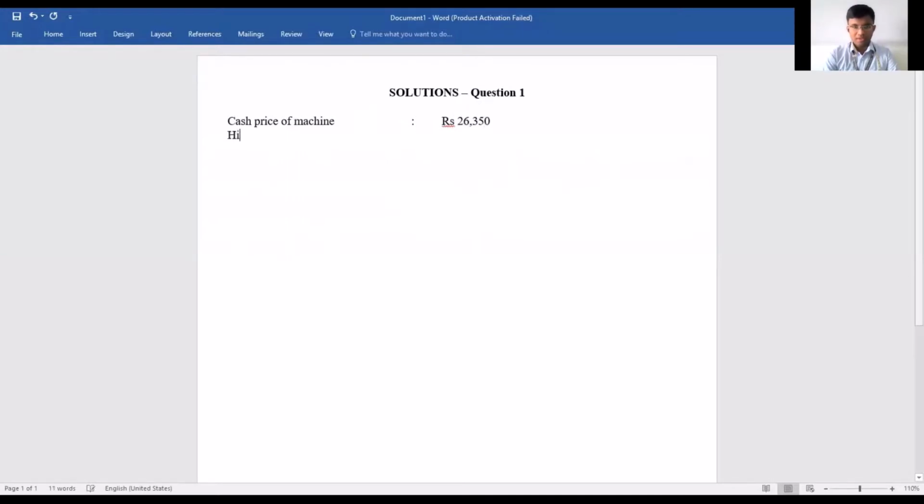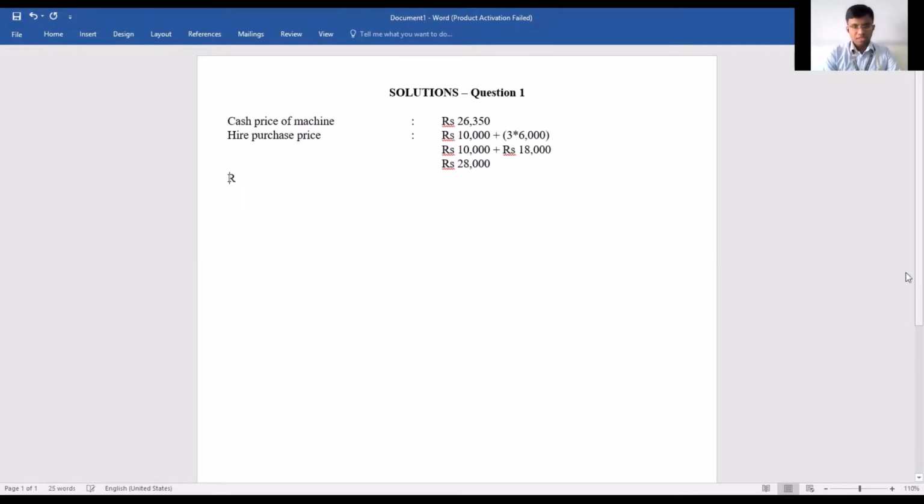Then we will calculate the hire purchase price by adding up the down payment plus number of installments, which is 3, into 6,000. When we calculate this, we will get rupees 28,000. So this is your hire purchase price.